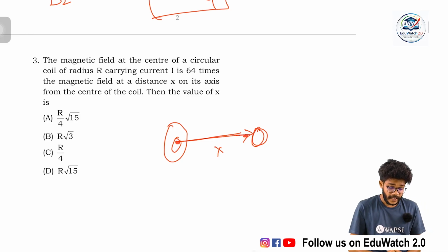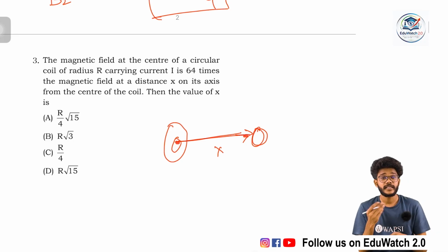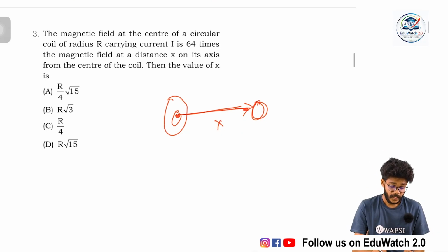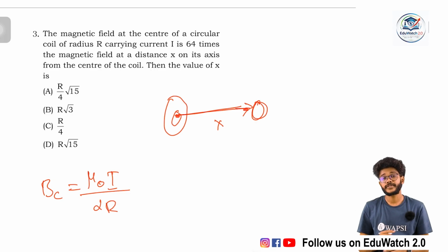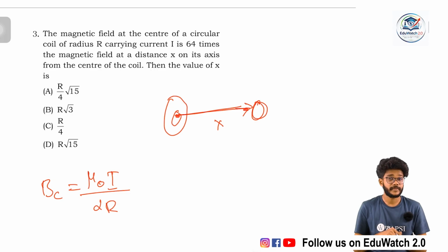Then we want to calculate the value of x. So what are the equations? At the center, B center is mu 0 I by 2R, because there is only one coil. If there are two coils, then multiply by 2.